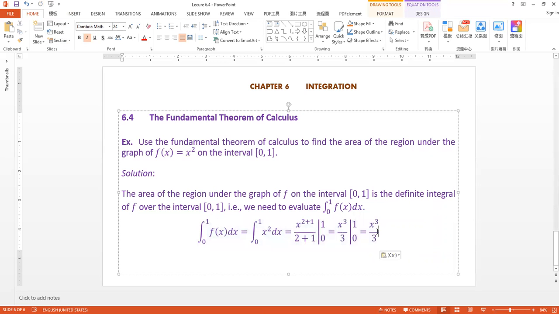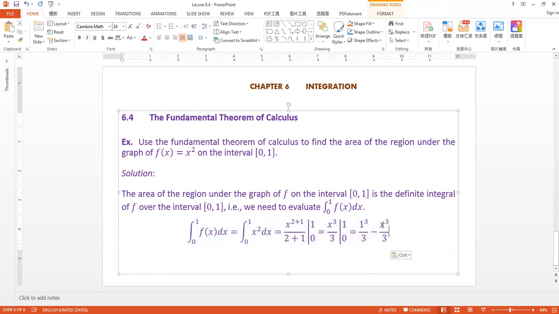So we got 1 cubed over 3 if you plug in 1 for x, and if we plug in 0 for x for this function, you get 0 cubed over 3. And remember, you always subtract the lower part from the upper part.